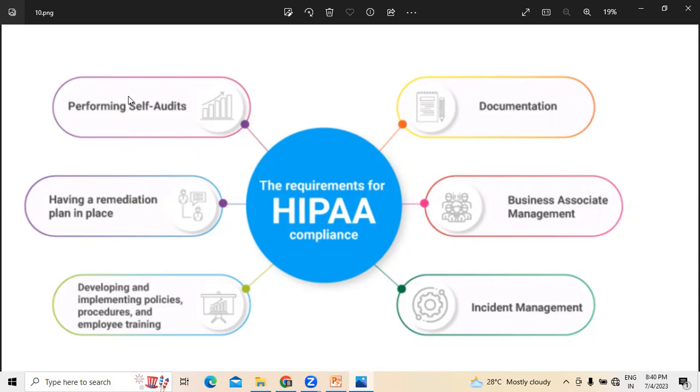Of course, these HIPAA compliances are useful when we are upgrading our systems or maintaining the infrastructure, because any healthcare organization.